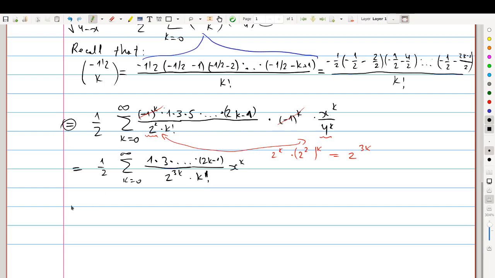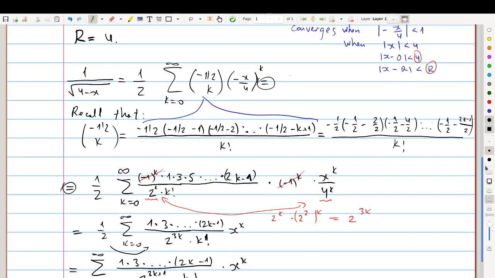And then one last finishing touch would be to take this factor and put it inside the infinite sum. The final simplified version of this series is the product of odd integers from 1 to 2k minus 1, divided by 2 to the 3k plus 1 times k factorial, times x to the k. And this is at last the most simplified version of this expansion.